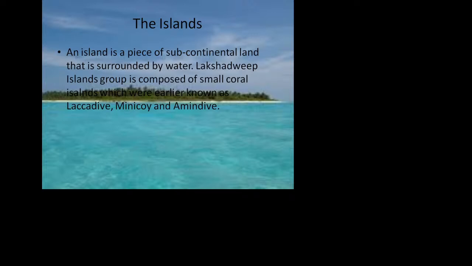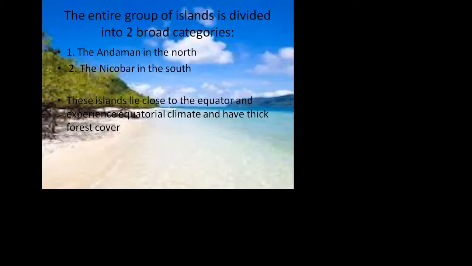Now let's talk about Andaman and Nicobar. See children, the entire group of islands is divided into two broad categories. The first one is the Andaman in the north and the Nicobar in the south.